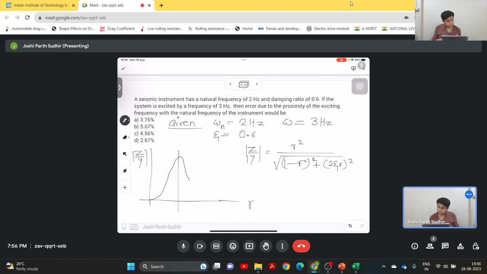In the vicinity of r equal to 1, when it matches the natural frequency, the amplitude ratio is very high, and as we go to higher and higher values of frequency ratio, the amplitude ratio asymptotically converges to 1.